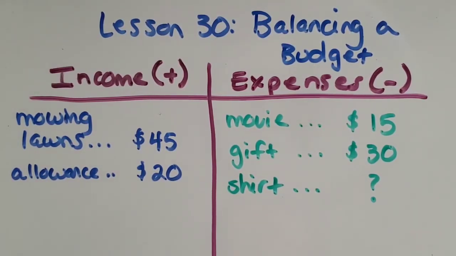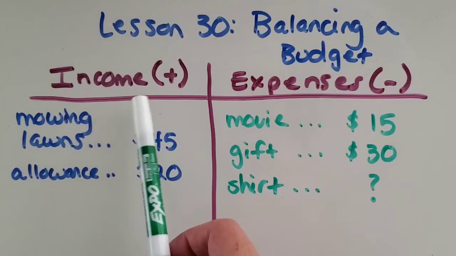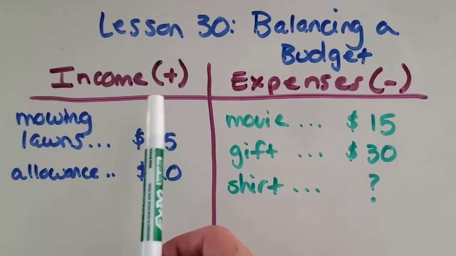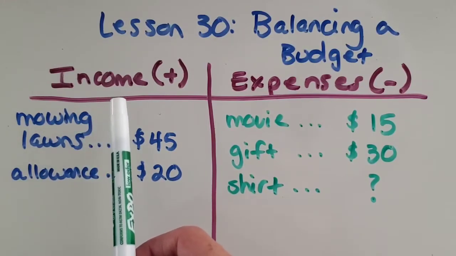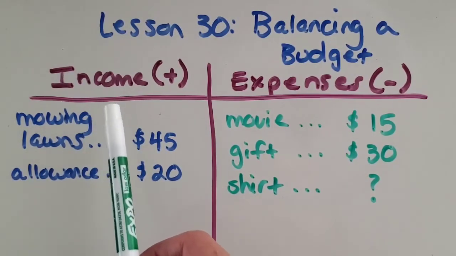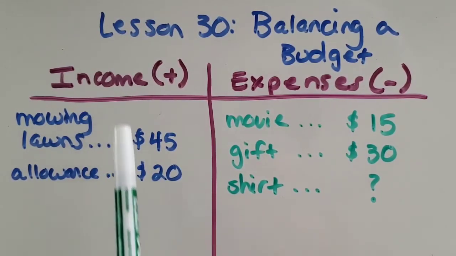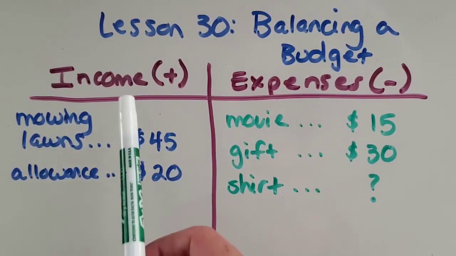I've got my income side of this T-chart, and why do you think I have a plus sign next to my income side? Great, because that's the money you're earning or making. You're adding it to your wallet or your bank account.